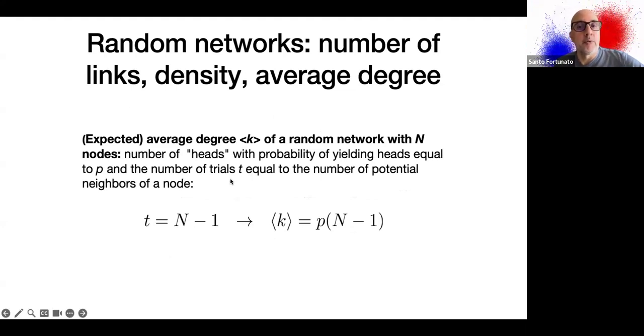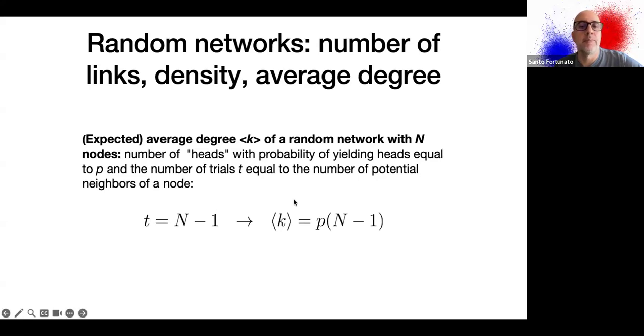So that's the first question: the average number of links, and I told you the expression is very simple. Density. And now let's look at the average degree. How many neighbors does a node have on average in networks built with this model? Any node can have at most n minus 1 neighbors, because there are n nodes in total.